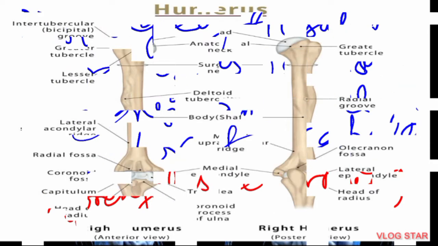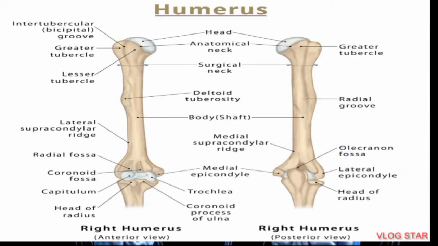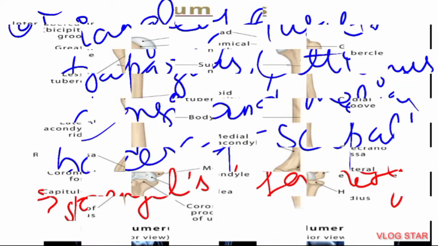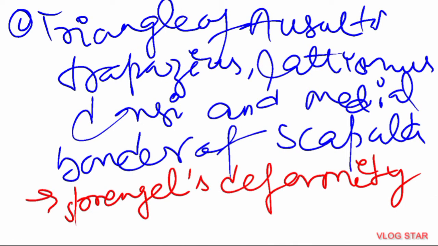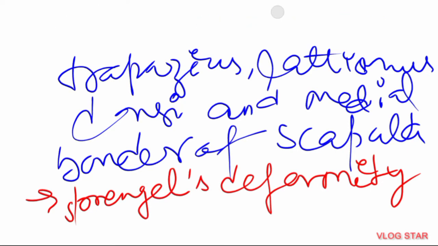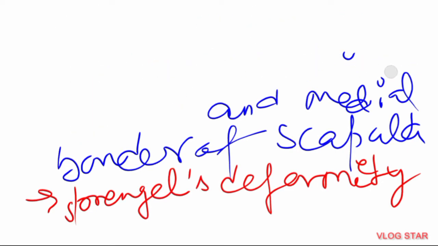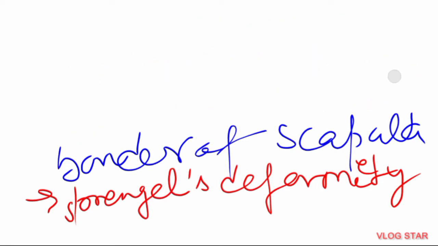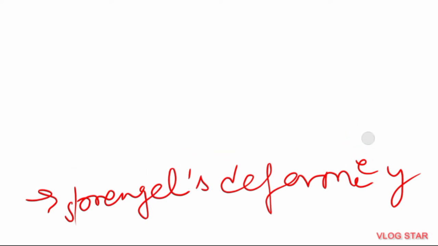And we have to study now muscles attached to the scapula. We have read muscles attached to the clavicle, and now we have to study muscles attached to the scapula.